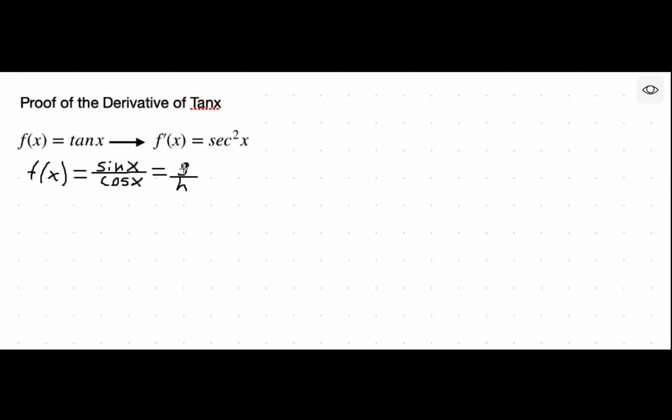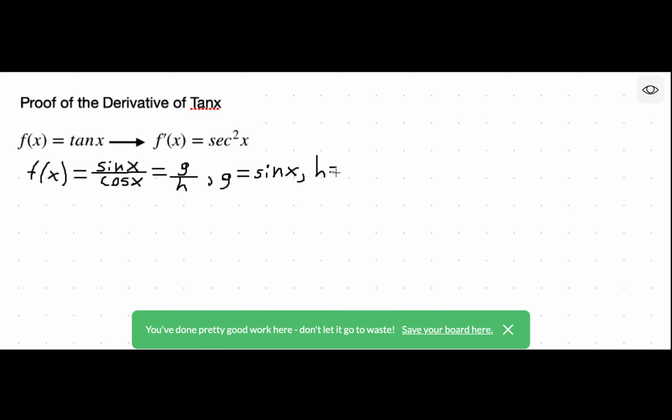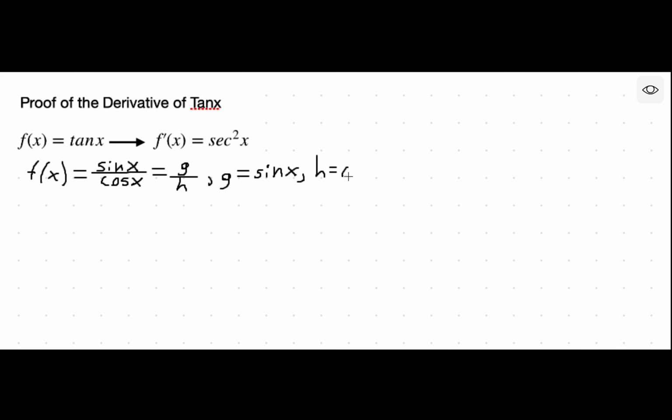So the g is going to be sine of x, and the h is going to be cosine of x. So we've identified what g and h are. So now we could use the formula for the quotient rule.